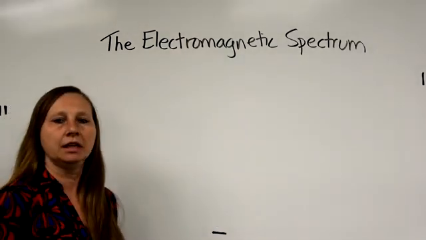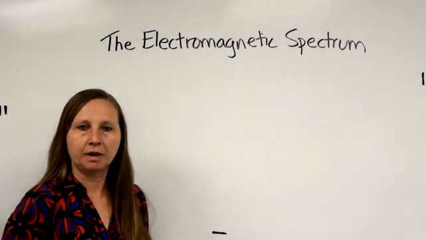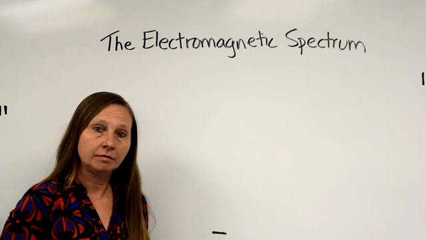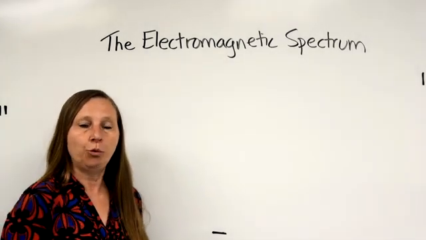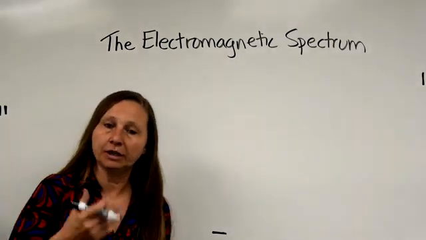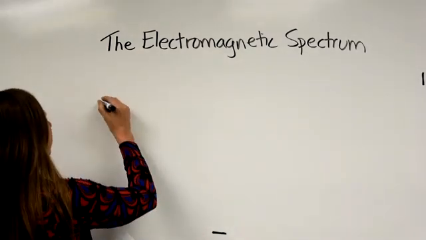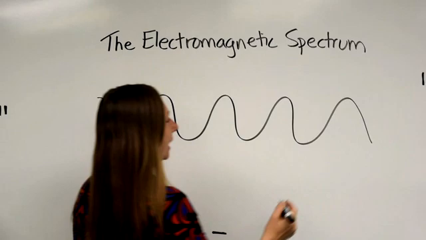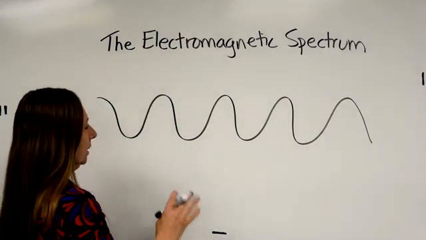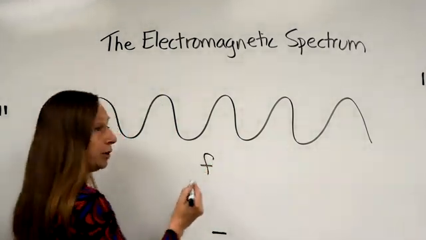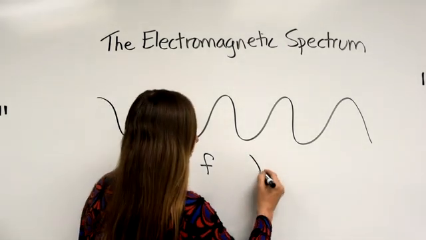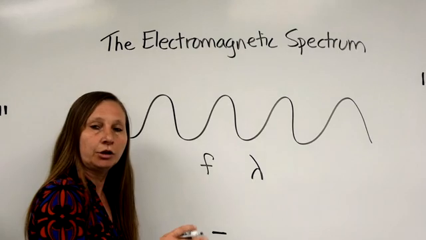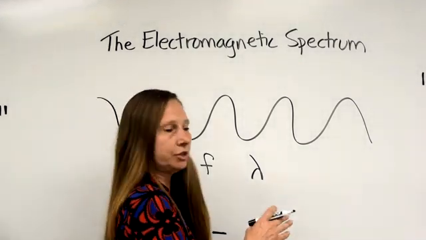When they say the electromagnetic spectrum, they mean all the different kinds of light in the universe. We've already learned in this topic that light is a transverse wave. And as a wave, light has a frequency and a wavelength, and it travels at a particular speed based upon them.